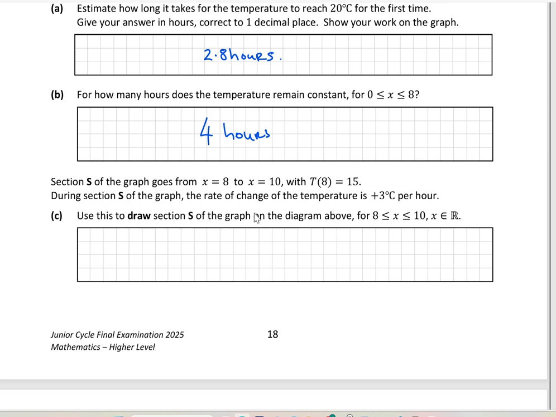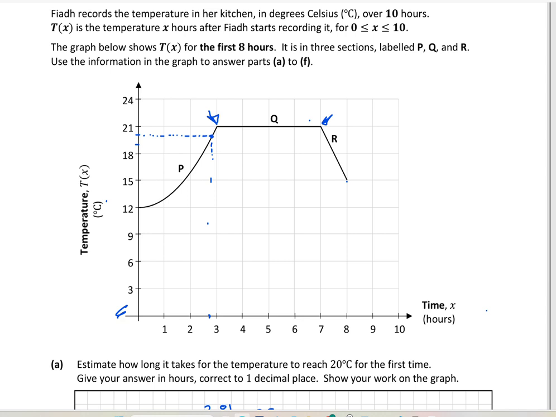During this section, the rate of change is plus 3 per hour. So if it's there at T of 8, T of 9 is going to be 18, so it's back up here at 9, and it's going to be back up here at 10.